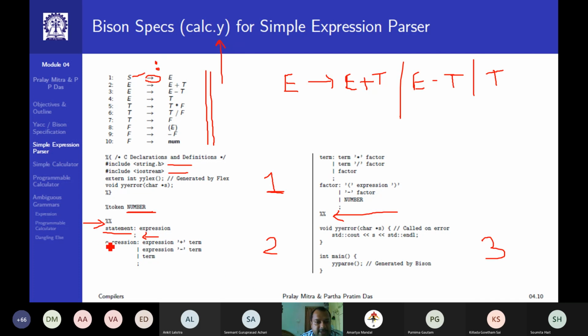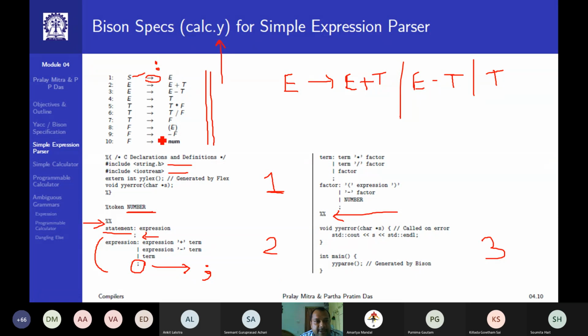Now I am doing the same thing here also. Expression colon, expression addition term, this pipe or vertical line indicates the OR operation, expression subtraction term, or just term. And finally there is a semicolon. This is my semicolon. It indicates the end of my production rule.